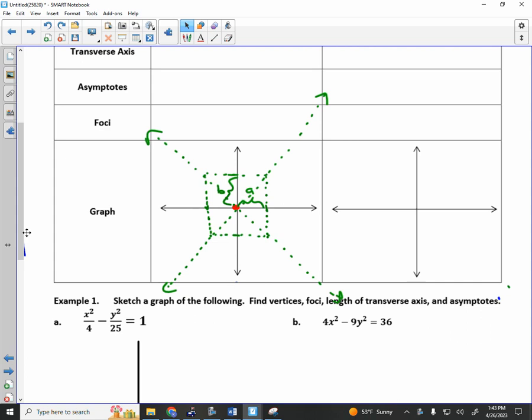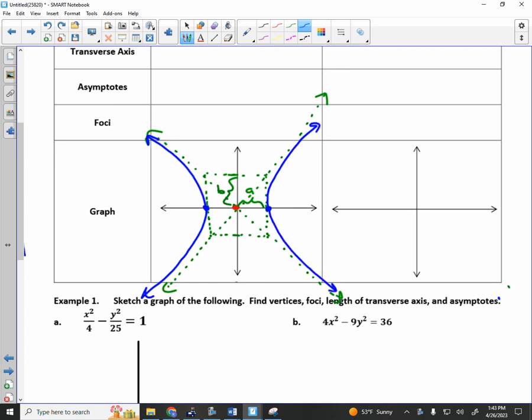The only other thing you do in order to construct the graph is place the vertices on the sides of the box. Then the shape of the hyperbola is kind of like a parabola. It heads off and follows those asymptotes off to the side. It looks like so. And that's a hyperbola.